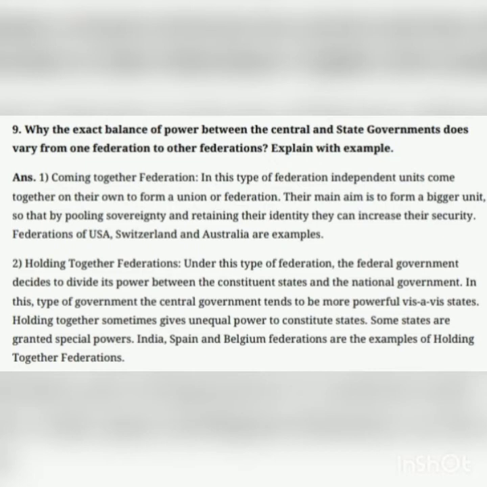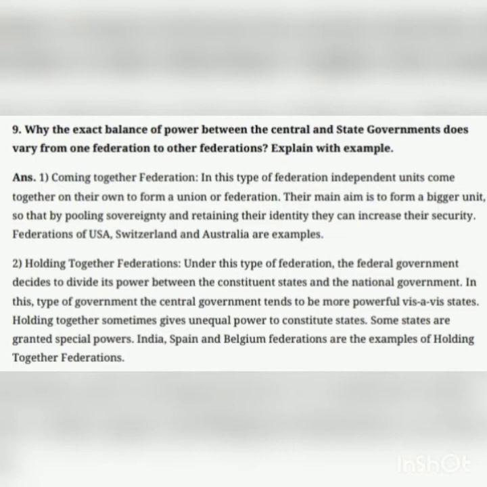Next, holding together federation. Under this type of federation, the federal government decides to divide its power between constituent states and various constituent units. And in this type of government, the central government tends to be more powerful. It is very obvious. And holding together sometimes gives unequal power to constituent states. So some states are granted special power. For example, India gave special status to Jammu and Kashmir.